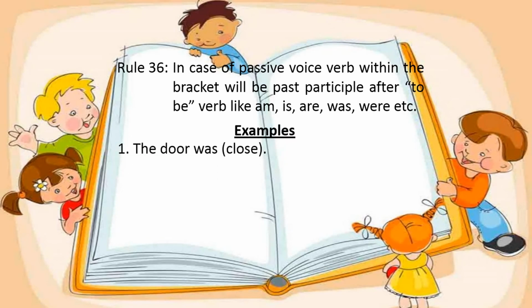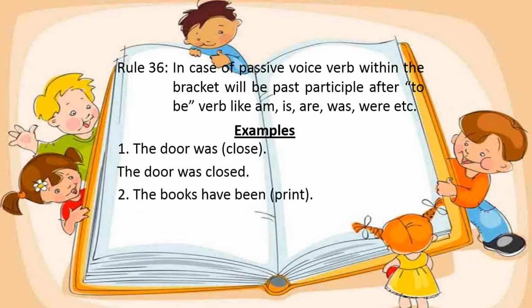The door was, this is passive voice. That means the verb will be past participle. The door was closed. The book have been print. So it's passive voice. So the answer will be, the books have been printed.